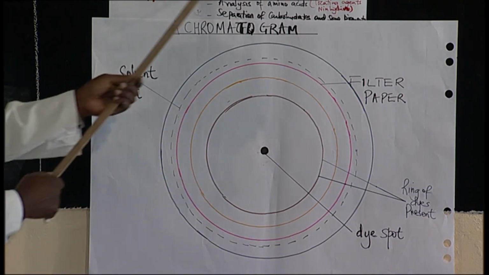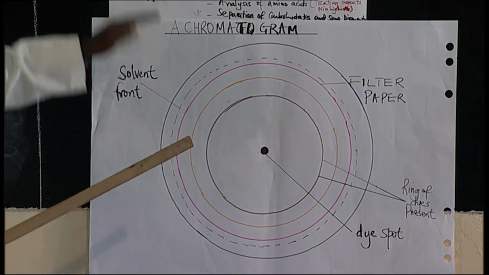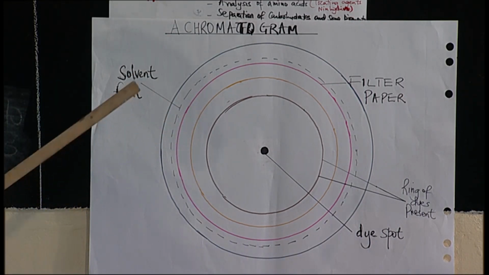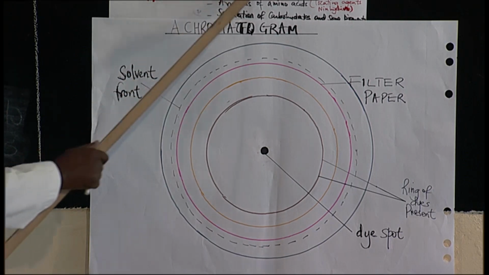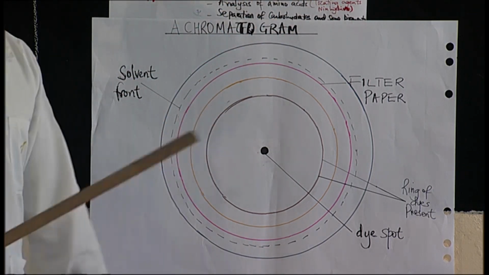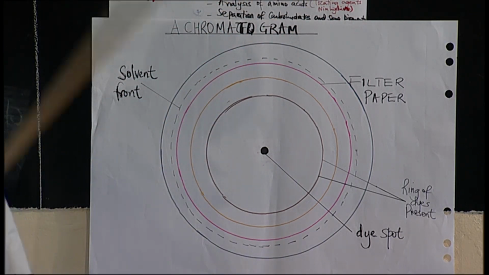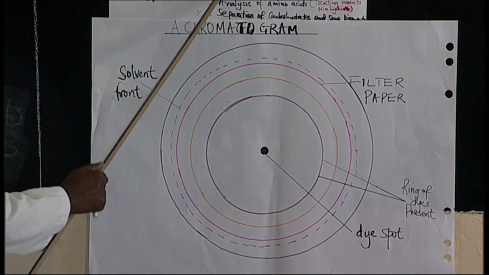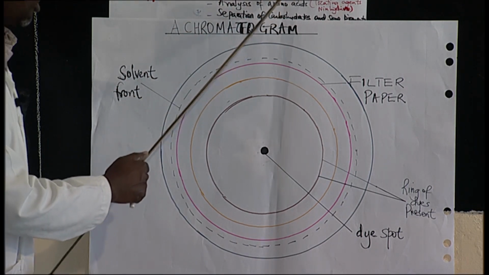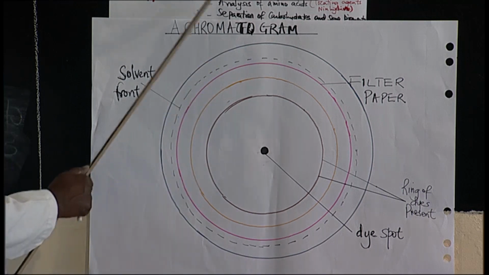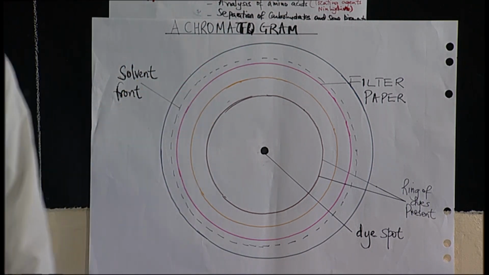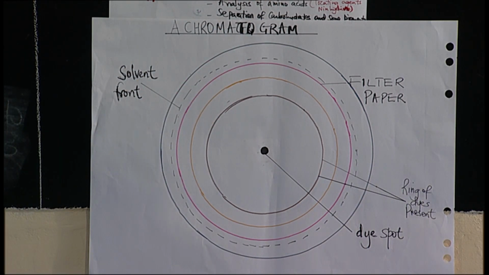So we can look at the applications of this. We have separation of organic and inorganic compounds. We use chromatogram to separate the organic and inorganic compounds. Analysis of amino acids. But amino acids, take note of this.